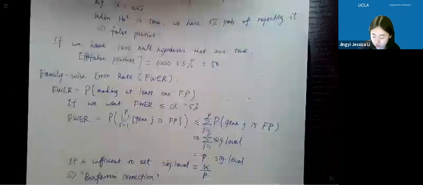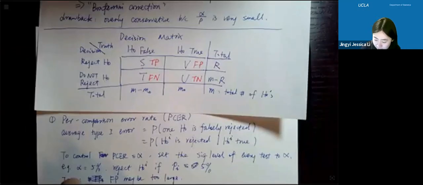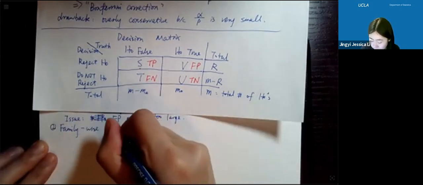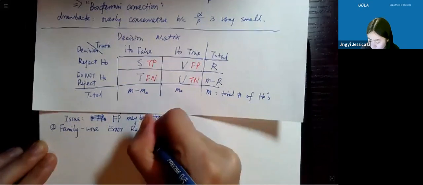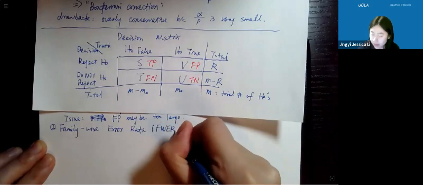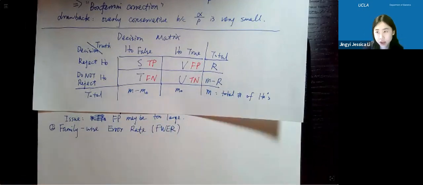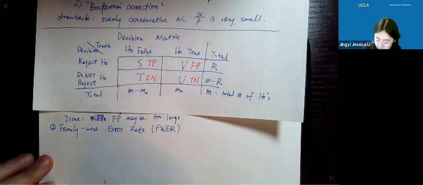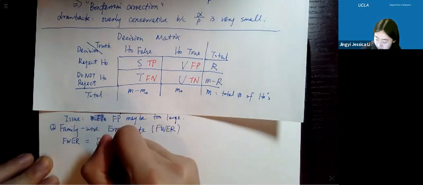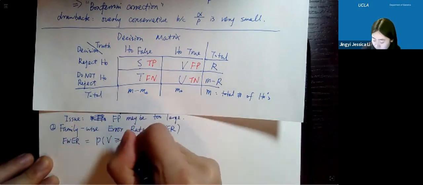So to address this issue, the second criterion, as we said last time, is the family-wise error rate. The family-wise error rate is to control the false positive number as a whole. So no matter how many tests I do, I do not want to have any single false positive. Using our notation here, this error rate is defined as the probability that V is greater or equal than 1.